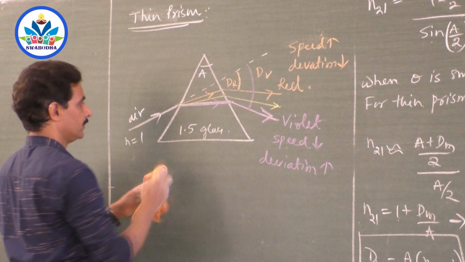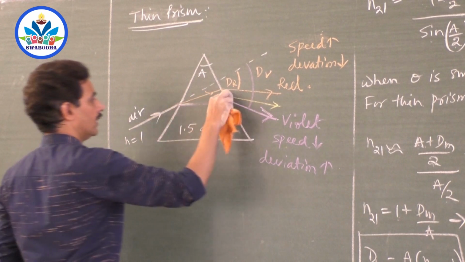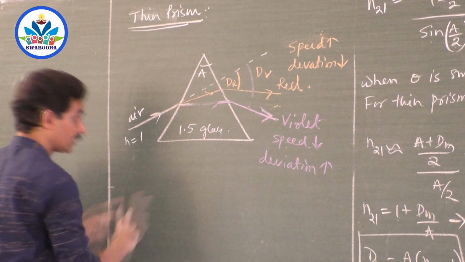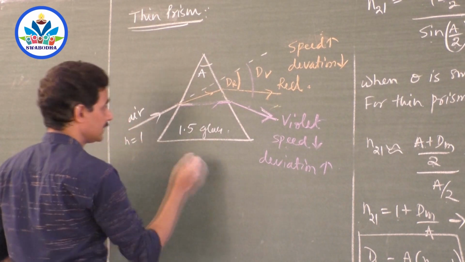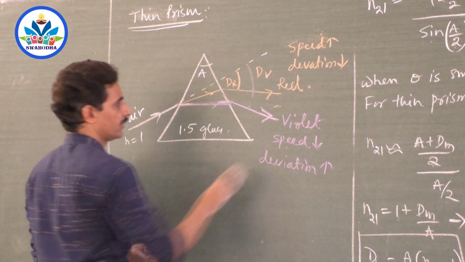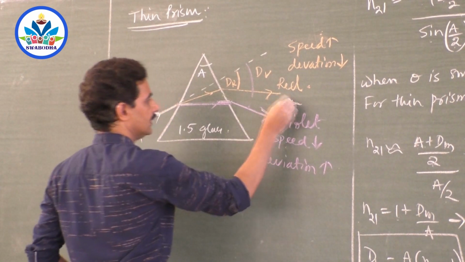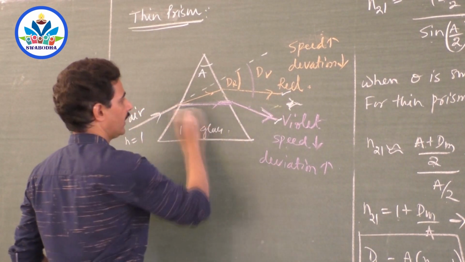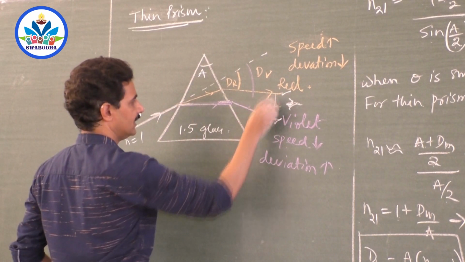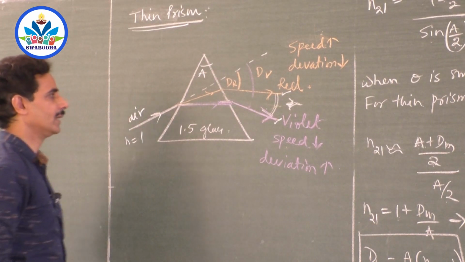Now my question is, in what angle are all these colors seen? Every prism must be chosen for its capacity of dispersing the colors. The colors must be seen in a particular angle. So if you observe the whole spectrum from here, you will see red here, violet here, and all the other colors, blue, green, yellow, orange and red in between. So in this angle you will see them. What is that angle?